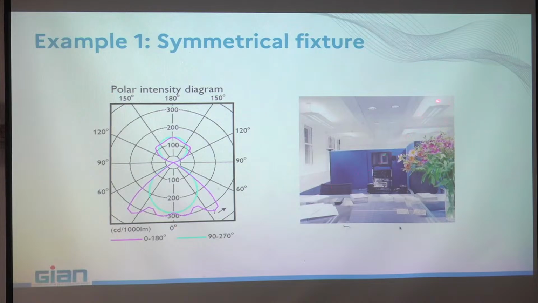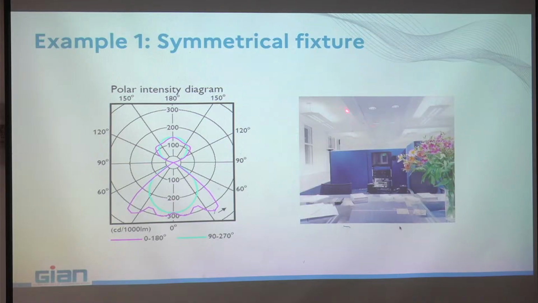Here we select the fixtures. You see 1, 2, 3, 4 lamps visible, and a part of the flux is going upwards and comes back from the roof. And for this luminaire, there is the polar intensity diagram.